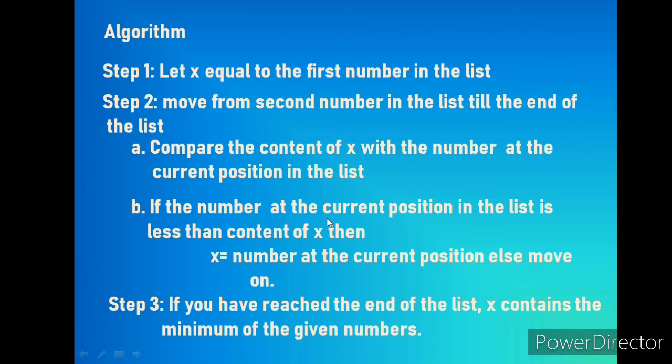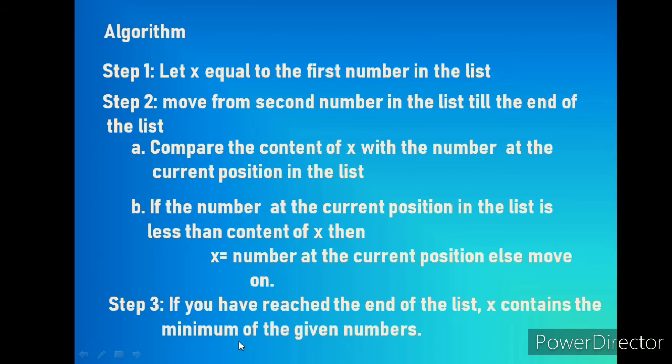If the number at the current position in the list is less than the content of x, then x is equal to the number at the current position, else move on. It means if the number at the second position in the list is less than the content of x, then x is equal to the number at the second position, else we have to move on to the next.